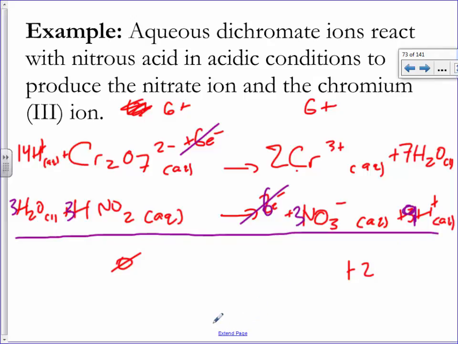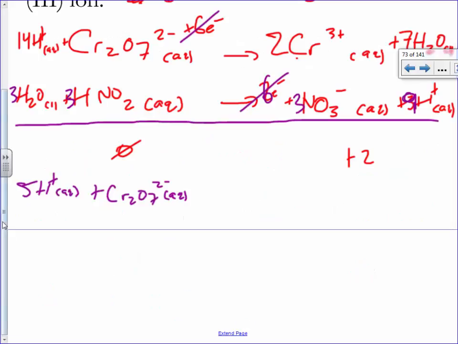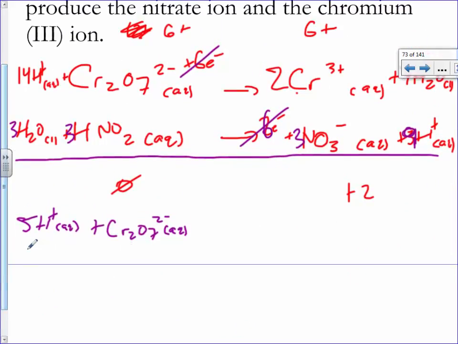So now when I want to put this final thing together, yeah, there's 14 hydrogens right there. But see how there's 9 sitting over here? So how many are left? 5 hydrogens. Because the 9 and the 14 will subtract, right? You'll have 1 dichromate ion. You also are going to need 3 HNO2s.